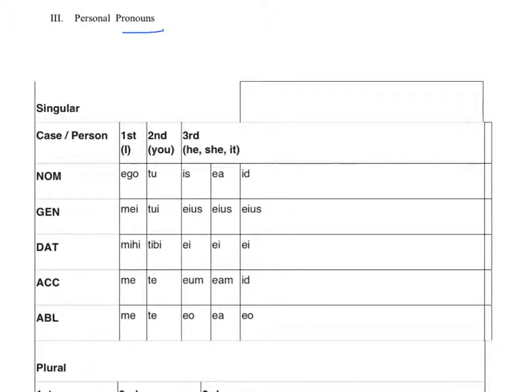The kind of pronouns that the book focuses on now is personal pronouns, which you use every day in the majority of your sentences, I imagine. The word I, you, he, she, and it, we, you all, and they. In English, you don't think about it, but these words do have declensions. Nouns have declensions. I is the nominative in English. If you want to make something possessive, you say my, that's the genitive, or you could say mine.